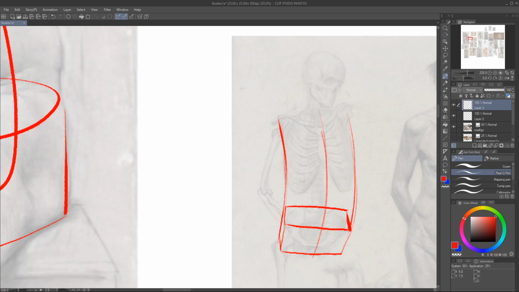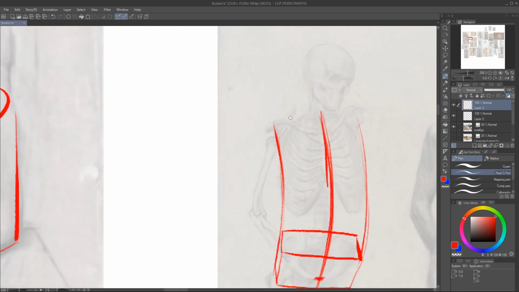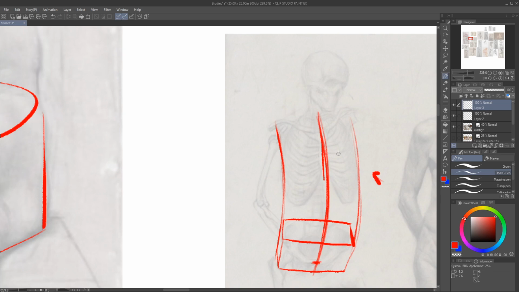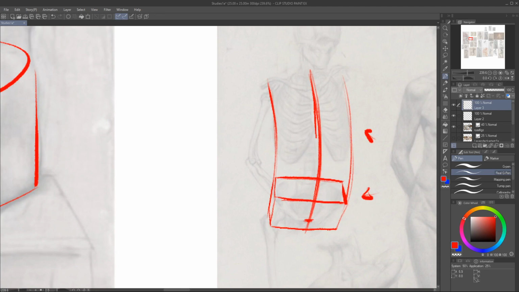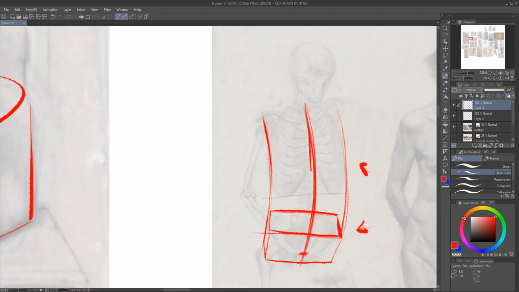I'm adding a center line there, a little bit off center. That center line goes down to the front of the pelvis there. It goes up here to the sternum with the rib cage. So the upper torso is twisting a little bit compared to this that's tilting down there. The angle of this is like that, and the angle of this is like this.